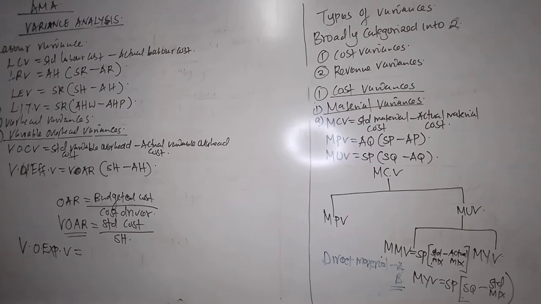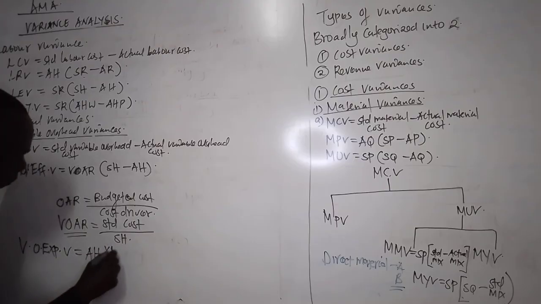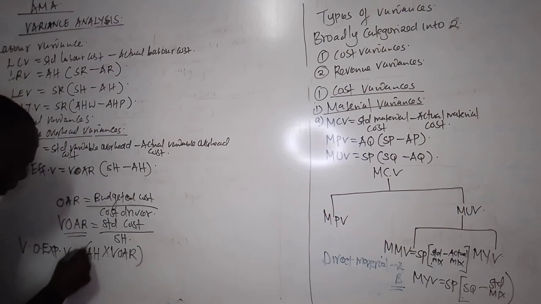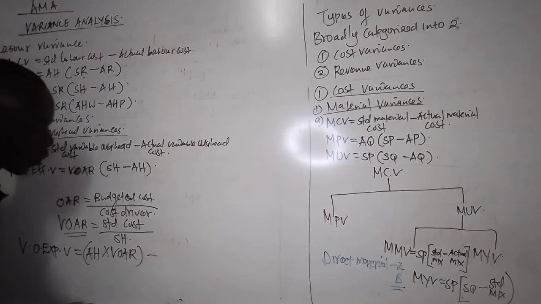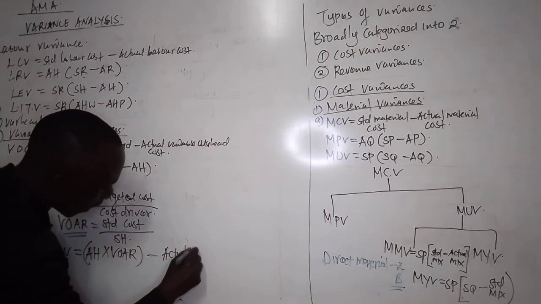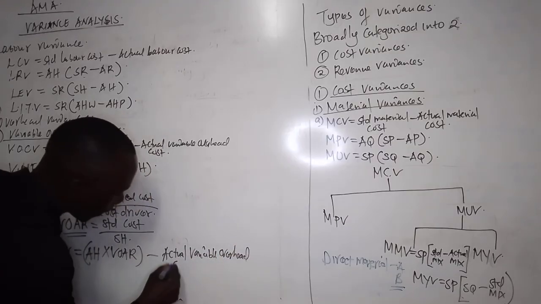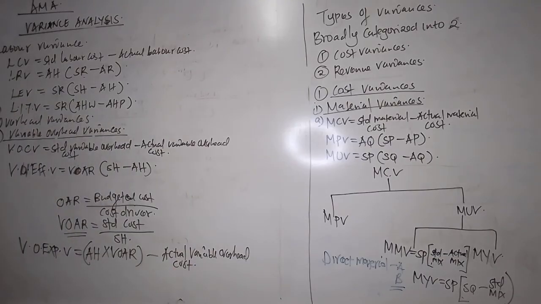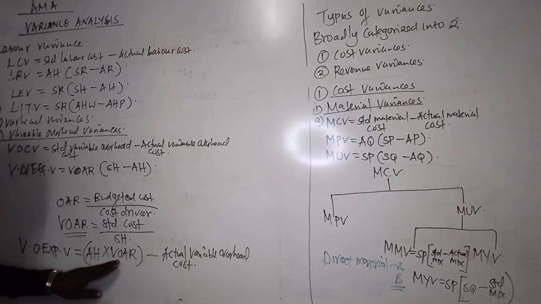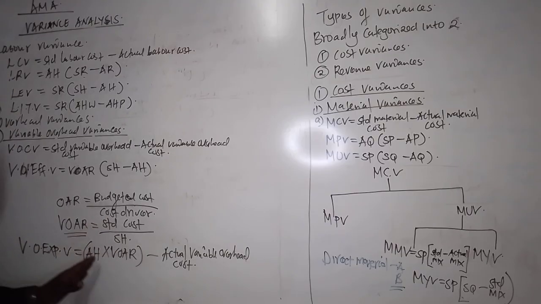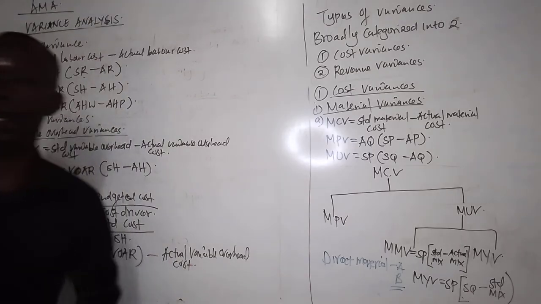For this, you take the actual hours, then you multiply by the variable overhead absorption rate, then from there you subtract the actual variable overhead cost.